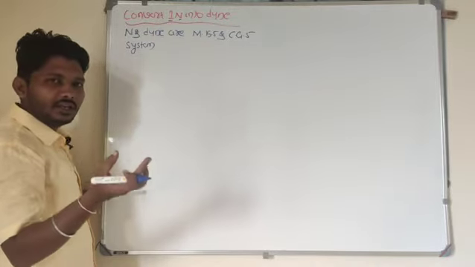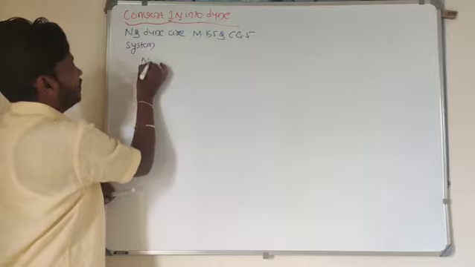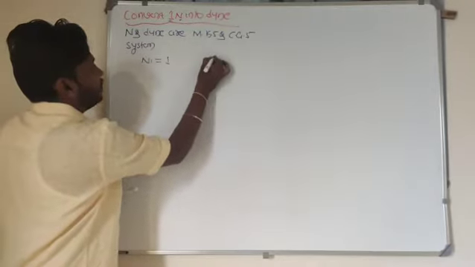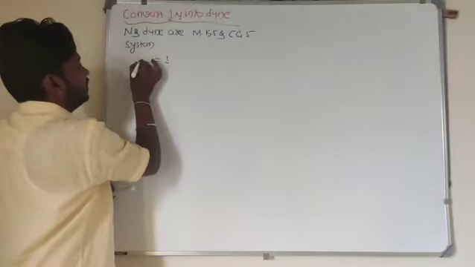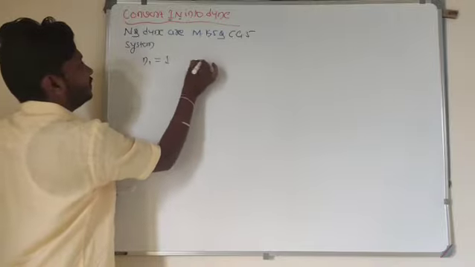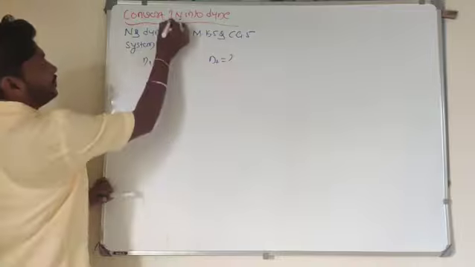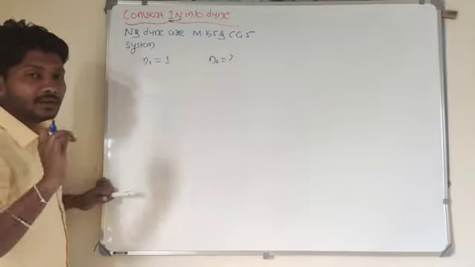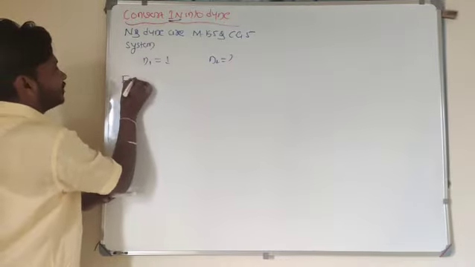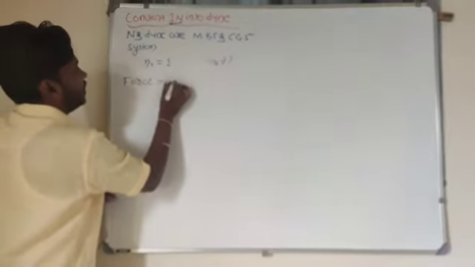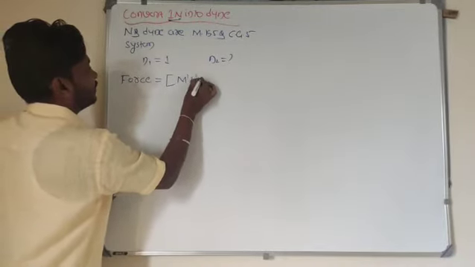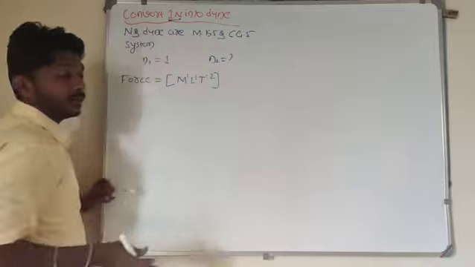So 1 Newton they mention. So N1 into U1 here. N1 is equal to 1 here. N2 value is yet to be determined. So force in terms of Newton, I know the dimensional formula for force here: mass into acceleration, so M1 L1 T to the power of minus 2.